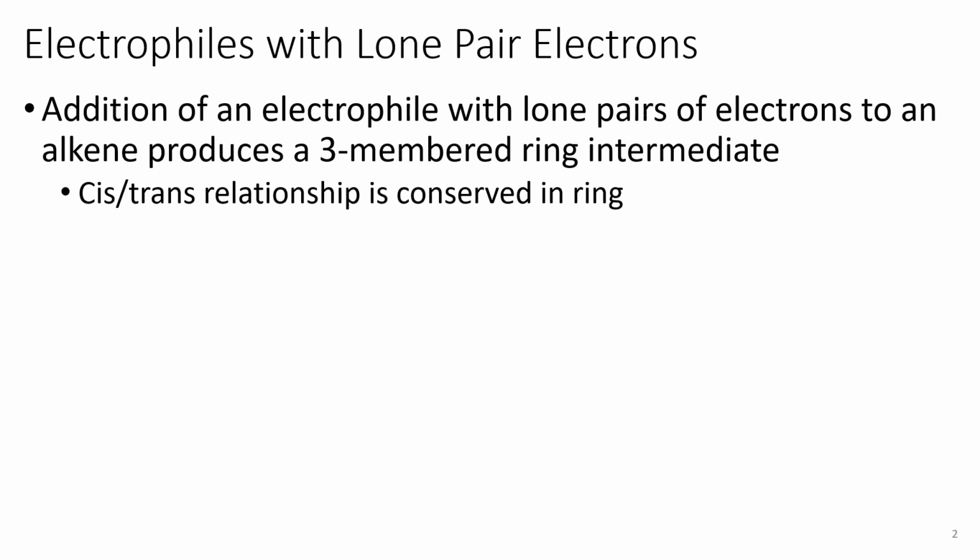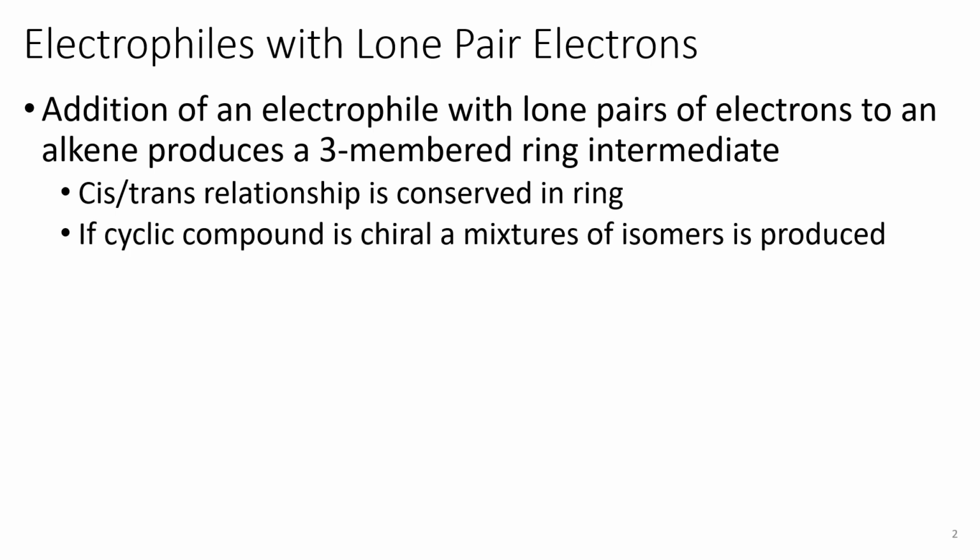So if it was a cis alkene, the ring intermediate will also be cis. If it were a trans alkene, the ring would also be trans. We don't have the freedom of rotation around the double bond, and we also don't have the freedom of rotation around this ringed intermediate.